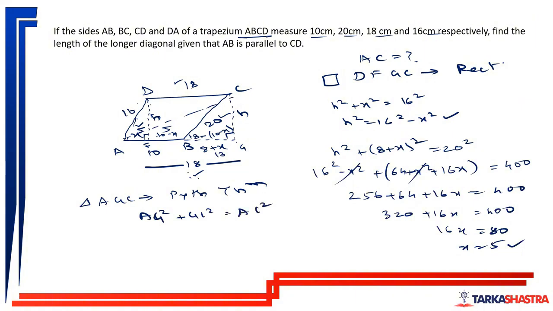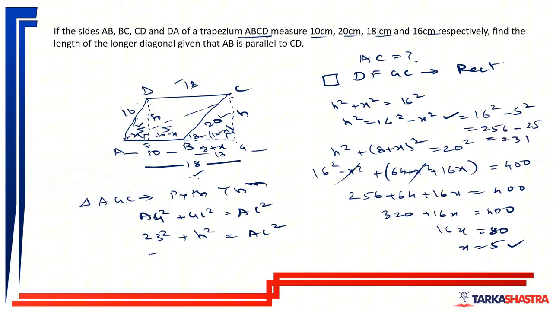This is 10 and this is 13, that is 23 square. GC square is H square. I know that H square is 16 square minus 5 square, which is 256 minus 25, that is 231.